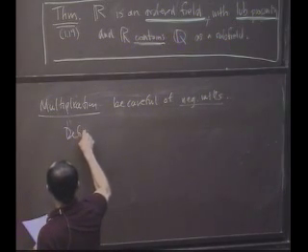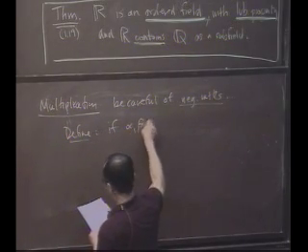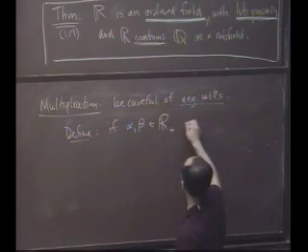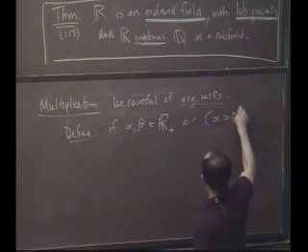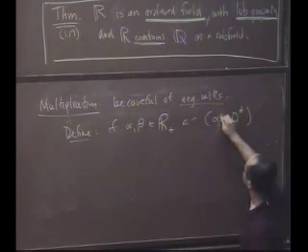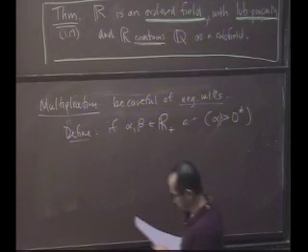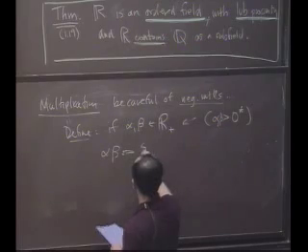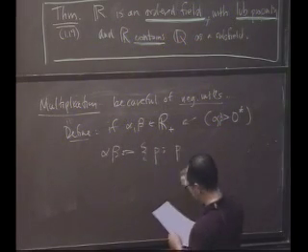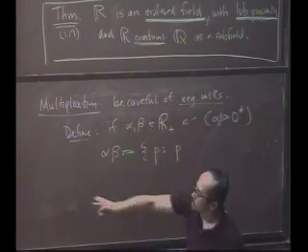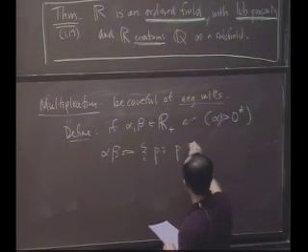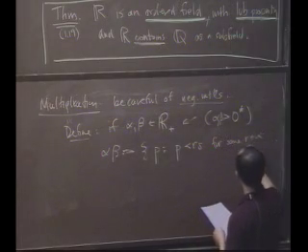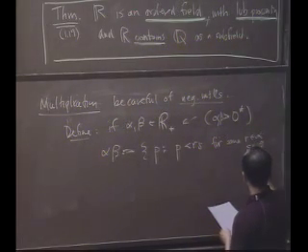So define, if alpha and beta are in the positive reals, the ones that are bigger than 0 star, then alpha beta is defined to be the set of all little p such that instead of saying p is equal to some product, we'll say p is less than rs for some r in alpha, s in beta, and rs bigger than 0.